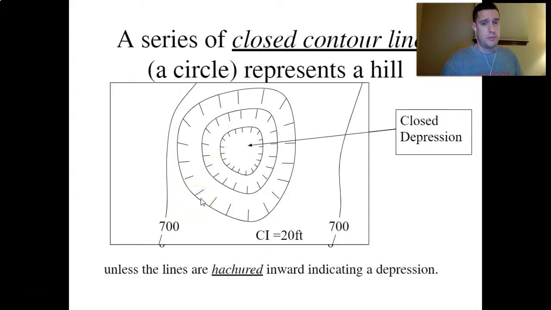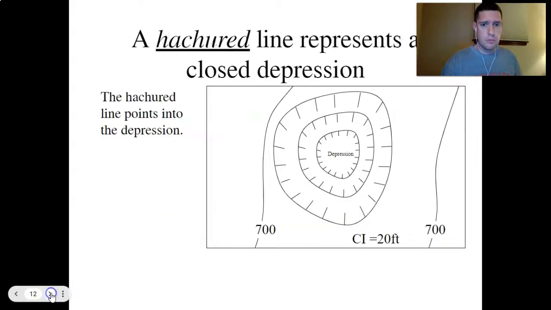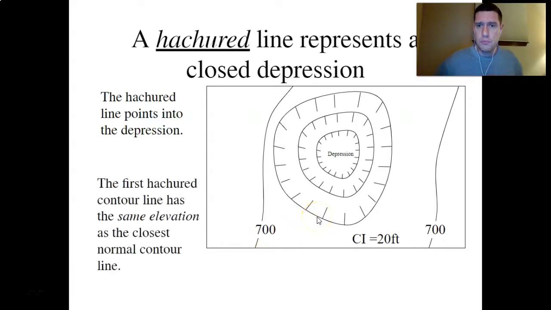But fight with all your heart, fight with all your will and all your might. Do not call this one 680. Don't. It's still 700. Here's why. You're walking along, you're walking uphill.